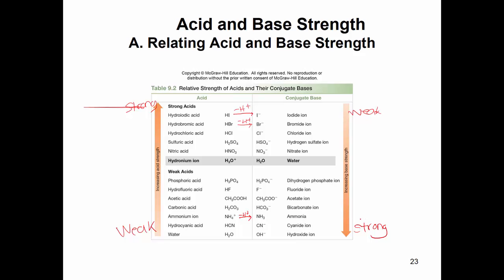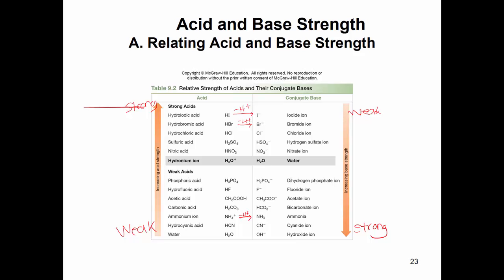And so now it's a strong conjugate base. Okay, so what I want you to see here is the inverse relationship. If you have a strong acid, it has a weak conjugate base. If you have a weak acid, it has a strong conjugate base. And start to become familiar with which acids are strong and which ones are weak.